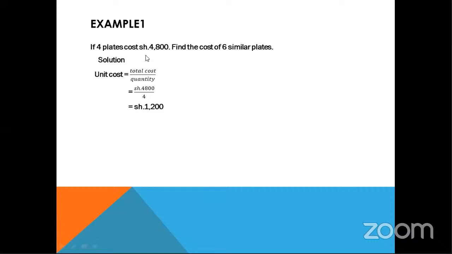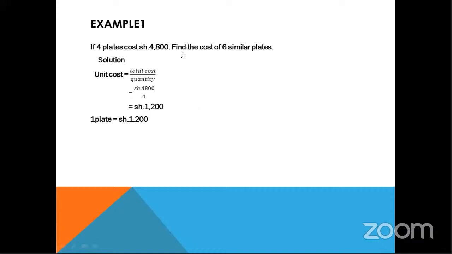First deal with the 4 plates before you run to 6 plates. For you to get the cost of 6 plates, you need to multiply by the unit cost, which you have got after dividing. So 1 plate equals 1,200 shillings.